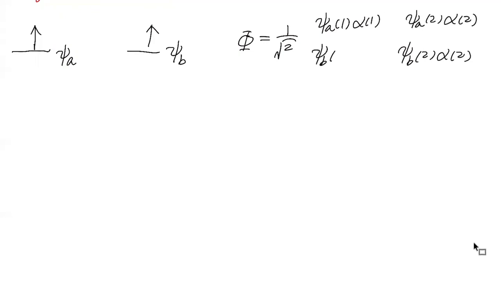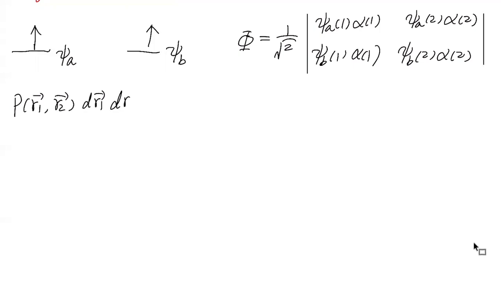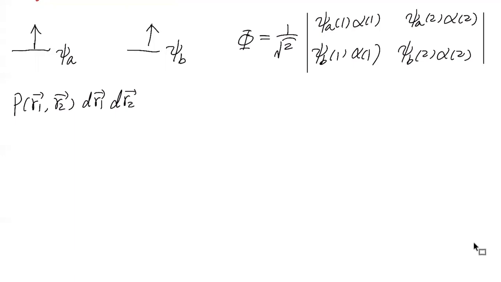For side B, 1, alpha 1, right? Again, probability R1, R2, dr1, dr2 is equal to what?